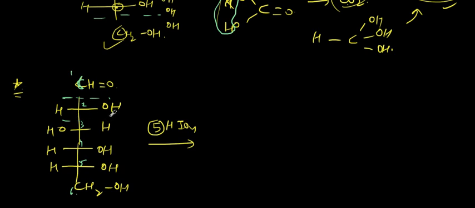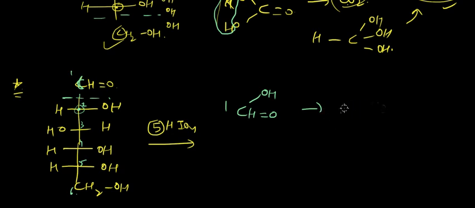Okay, let's go step by step. When we cleave this bond, the first carbon atom would be having HCHO. Oh, I'm sorry, this is not HCHO, this is a carboxylic acid.